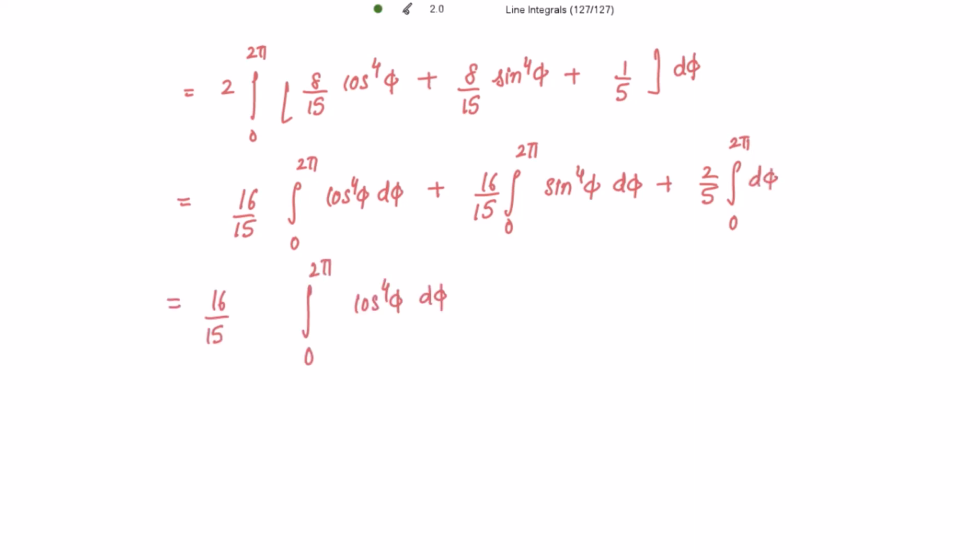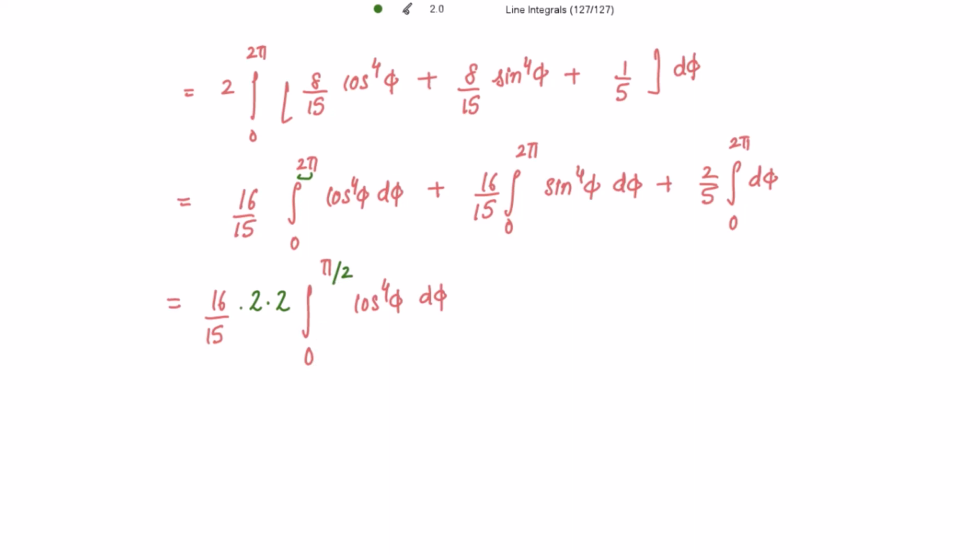Now again we have to use the reduction formula over here, but for that the limits should be from 0 to pi by 2, right? But because I'm having here 2 pi, I need to multiply this integral with 4 to get pi by 2. If I multiply this integral with 2, I get the limit as from 0 to pi. If I again multiply this integral with 2, I get the limit to be from 0 to pi by 2.